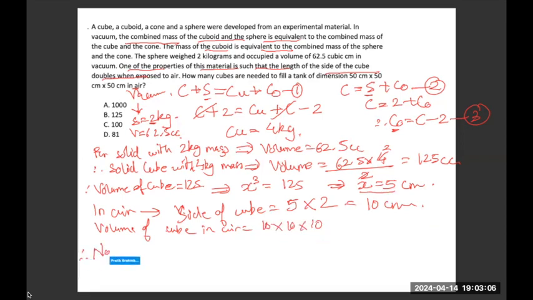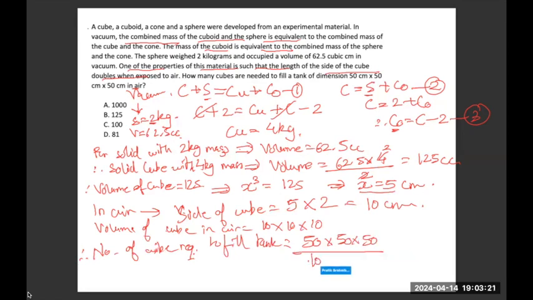Therefore, number of cubes required to fill tank will be equal to the tank size, which is 50 by 50 by 50 upon एक cube का volume, which is 10 by 10 by 10, which is equal to 125 cubes. Therefore, 125 cubes will be required to fill the tank of 50 by 50 by 50. Okay.